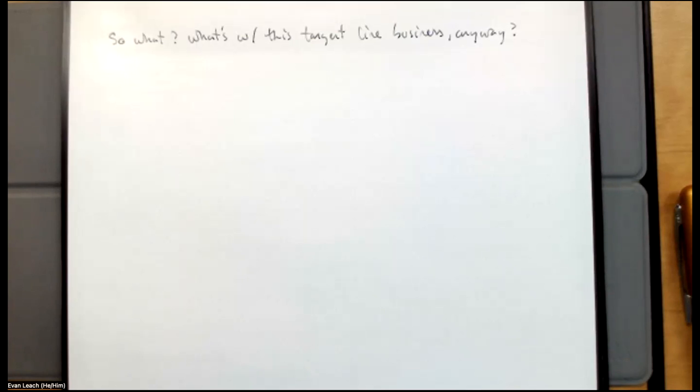So one of the reasons we might care about tangent lines is that we think of a tangent line as the best linear approximation of a function at a point.